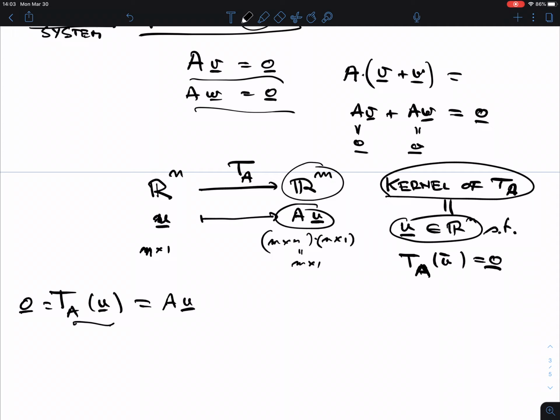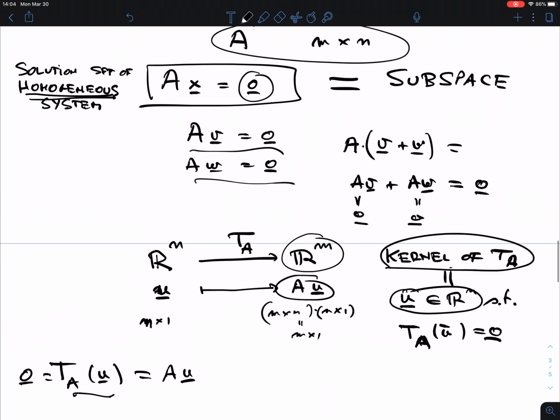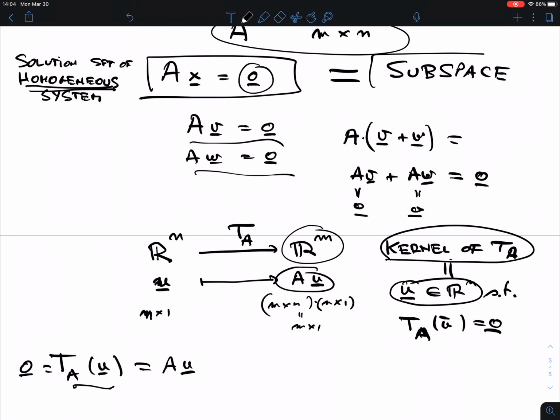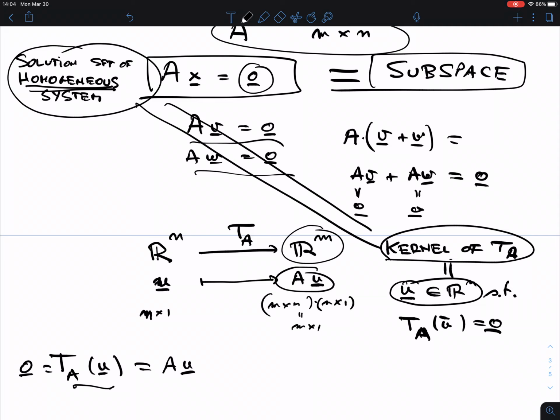So u is in the kernel of T_A means that A times u is 0. But this means nothing else than saying that u is a solution to the homogeneous system of equations, the one that we just discussed. So this subspace, the solution set of a homogeneous system of equations, is the same thing as the kernel of the associated transformation T_A. These are just two different ways of looking at the same object.